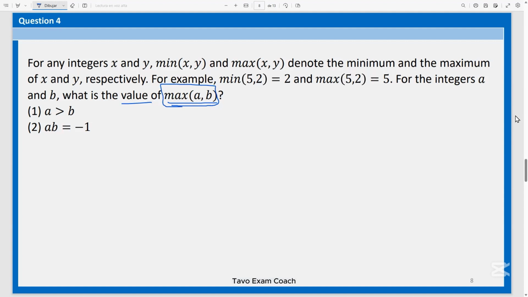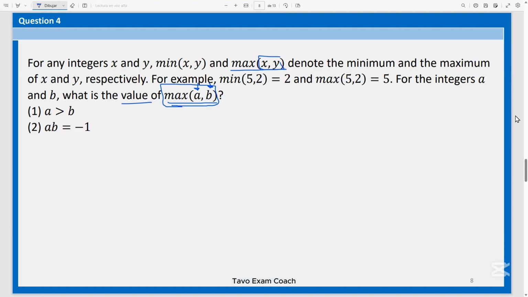This expression, max of a and b, represents the output or the result of evaluating the function max with the inputs a and b, according to the definition of the function max given above. But what is that definition? The definition is that the max of two numbers, x and y, is simply the greater of them, or the maximum of them.